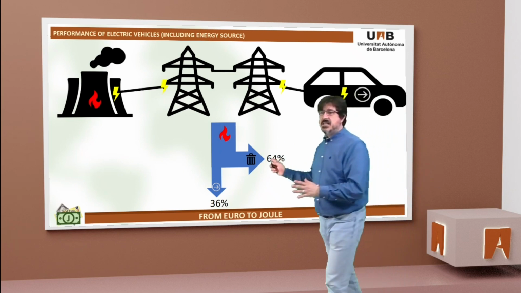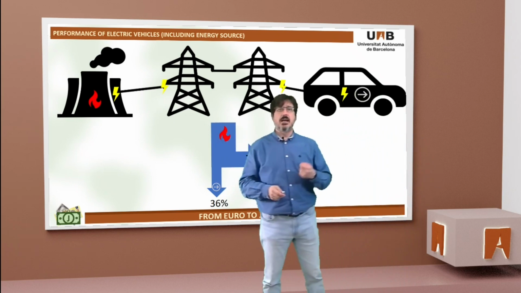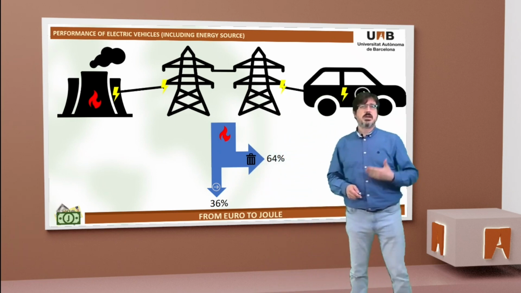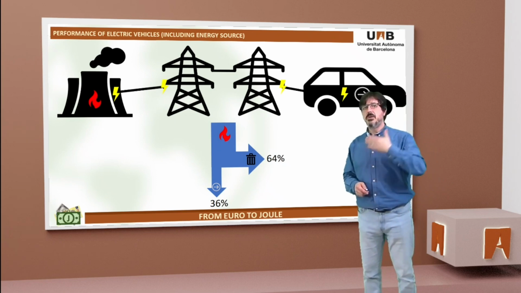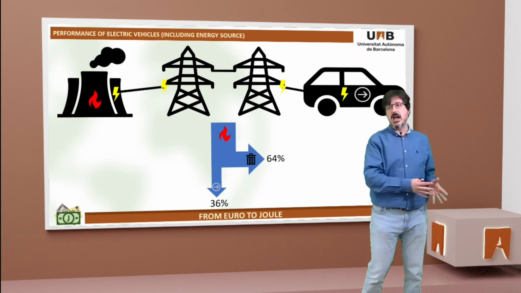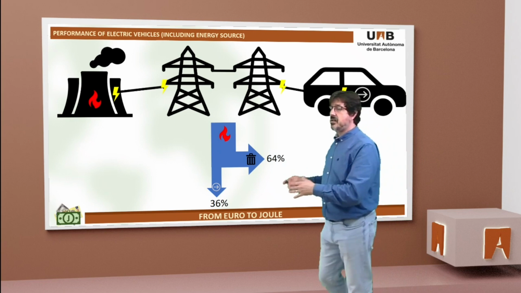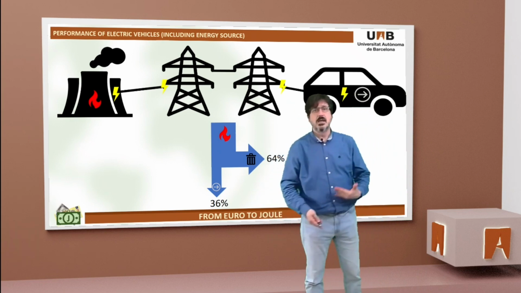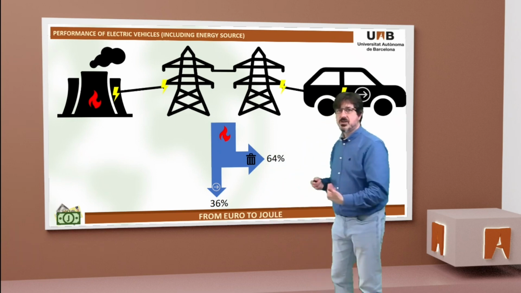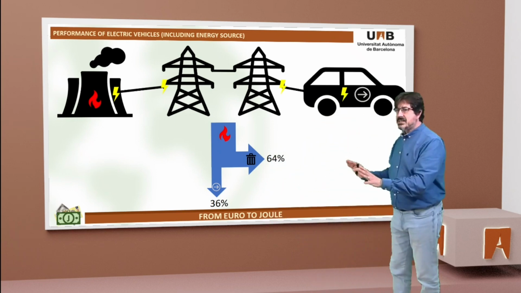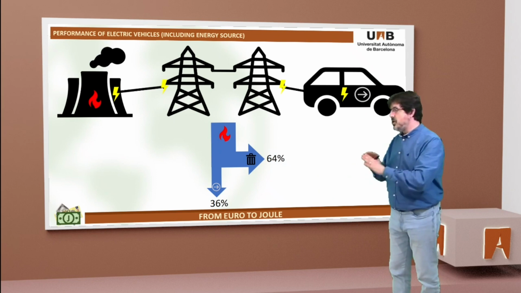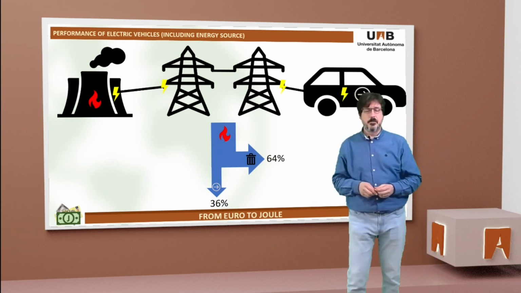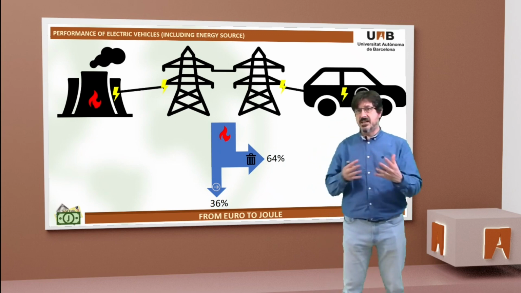Well, this is in the case that we are using a fossil fuel power plant. If we use hydropower, if we use solar power, the numbers would be very different. And the second thing is that using renewables is much better than using fossil fuels. So with this comparison, I'm not claiming that electrical vehicles and internal combustion vehicles are similar.